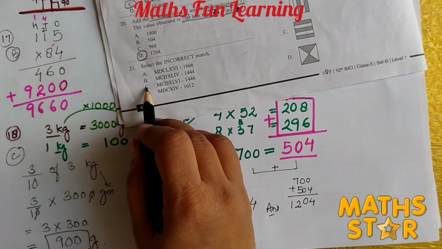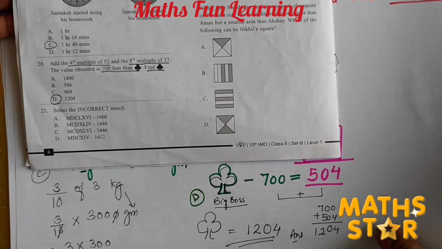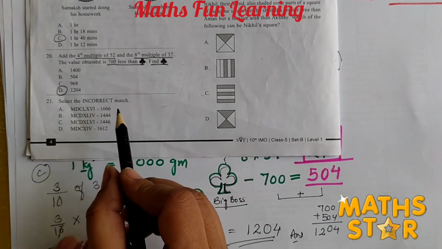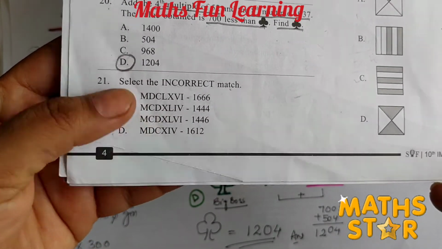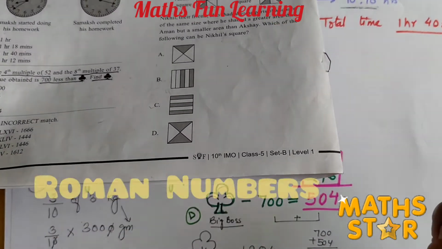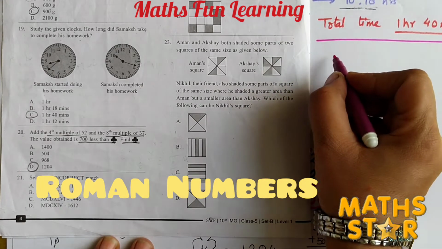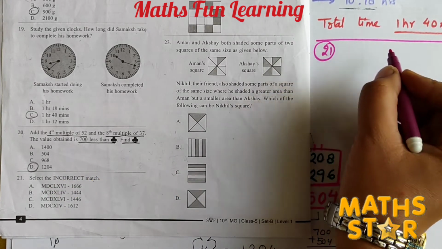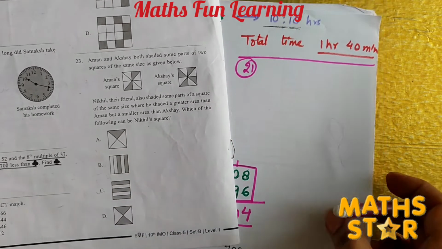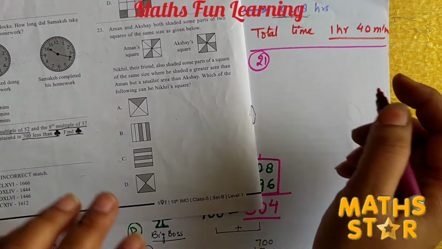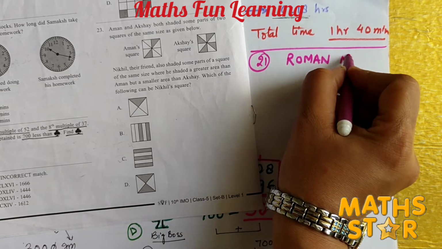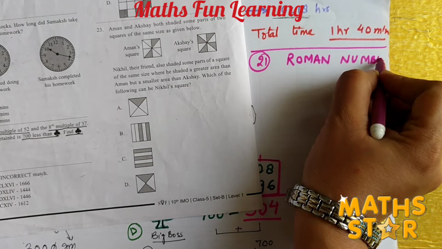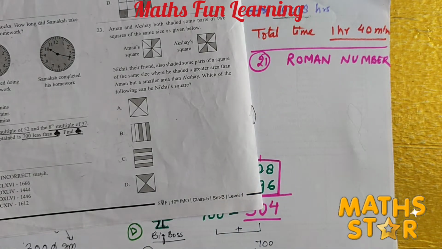Next question, number 21. For this question, select the incorrect match. So these are the Roman numbers. Okay, let's start.